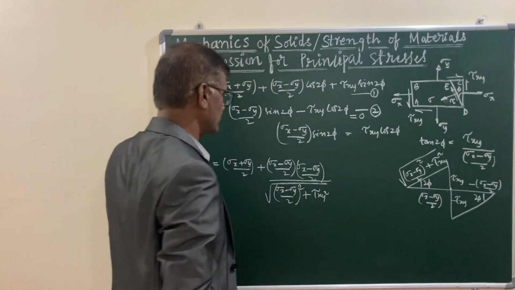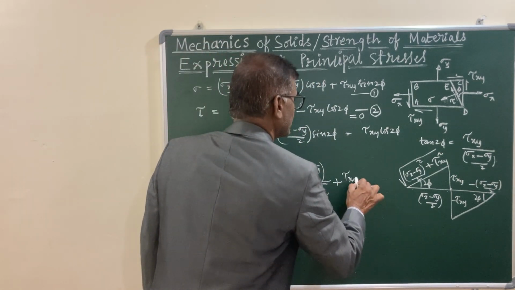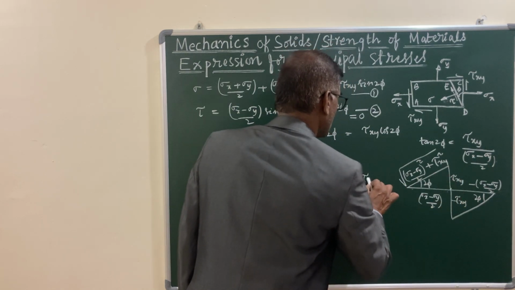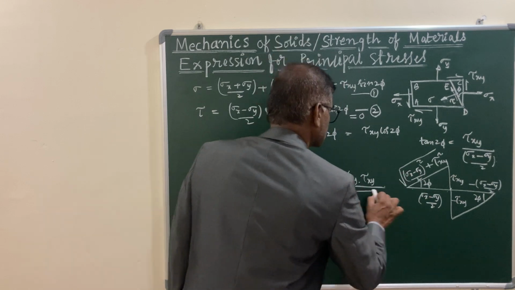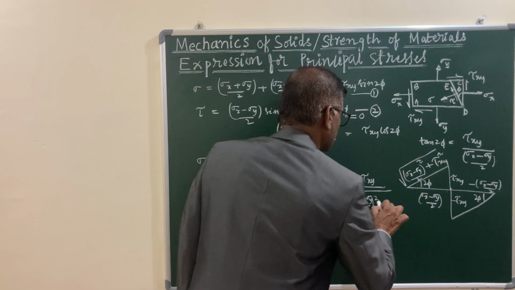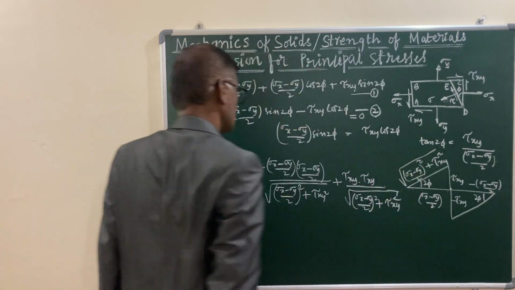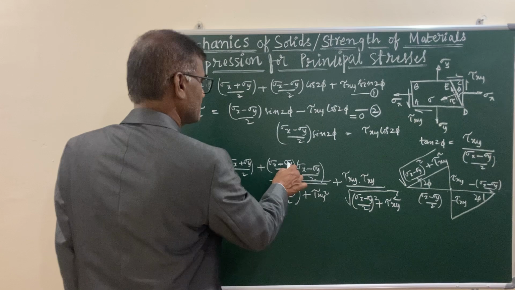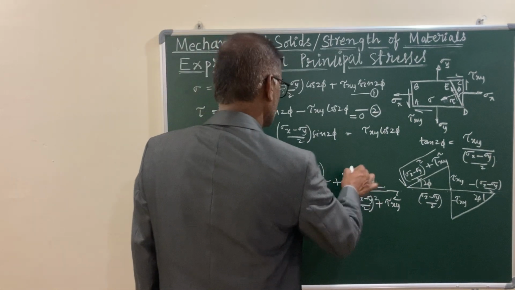This is the value of cos 2 phi, plus tau xy into sin 2 phi, sin is opposite side, that is tau xy divided by the hypotenuse, that is the square root of sigma x minus sigma y by 2 whole square plus tau xy whole square. Observe carefully, you can see that it is in the form of sigma x minus sigma y by 2 whole square plus tau xy whole square.